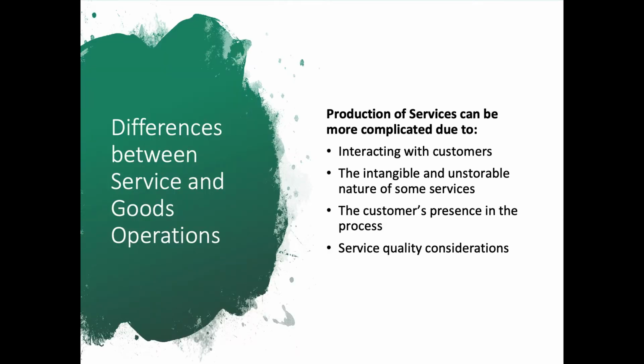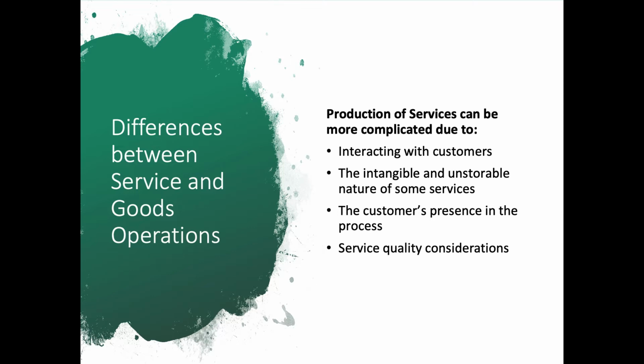So, some differences between service operations and goods operations. The text will make the initial suggestion that production of services can be more complicated than the production of simple goods due to at least four things, probably more. This list is not comprehensive, but first of all, services can involve direct interaction with customers.